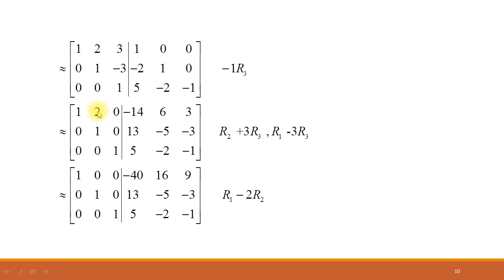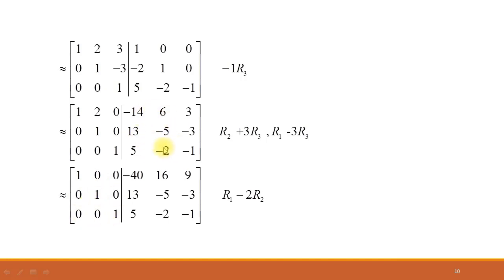Now to transform this matrix into the identity matrix, we need to change only this entry. This entry should be 0. Then the matrix will be transformed to the identity matrix. To make this entry 0, we add minus 2 times R2 to R1. We get 1 0 0, 0 1 0 and 0 0 1.